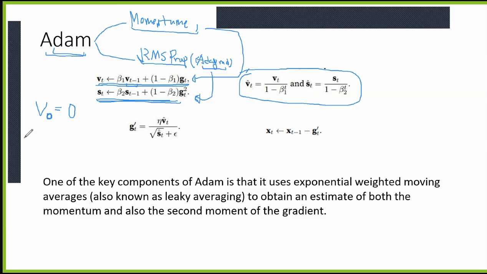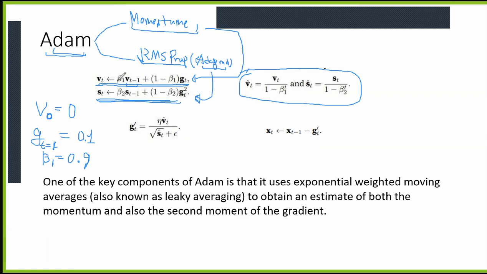And let's say at g_{t-1}, the gradient was 0.1, and the beta, which determines the influence of the history, was 0.9.